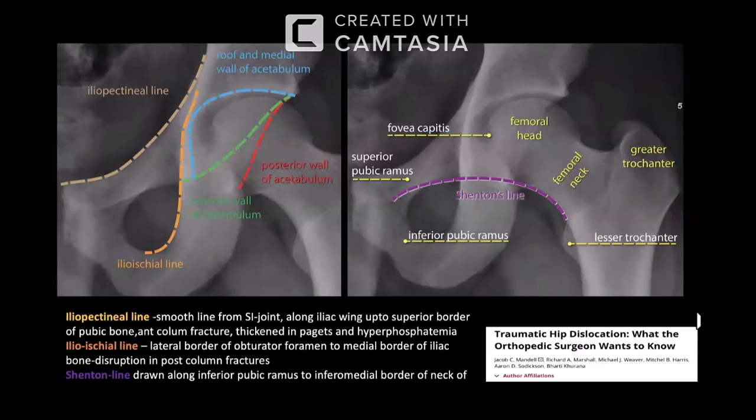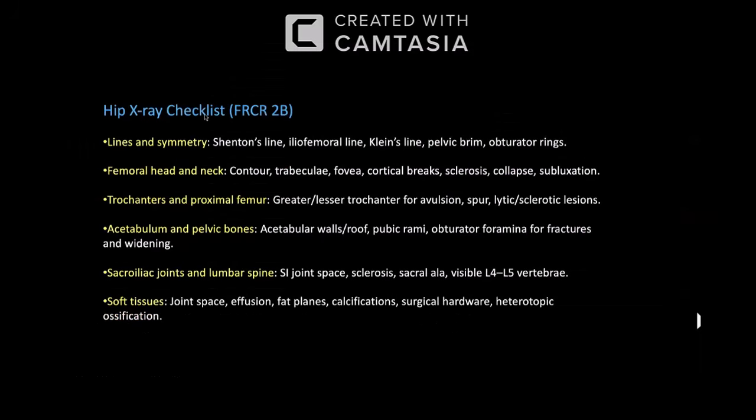Okay. A small checklist you should prepare, especially when you approach hip radiographs. Look at the lines and symmetry. Look at the femoral head and neck, especially the contour, trabeculae, and fovea capitis. Look for subtle cortical breaks, sclerosis, or any collapse or subluxation.